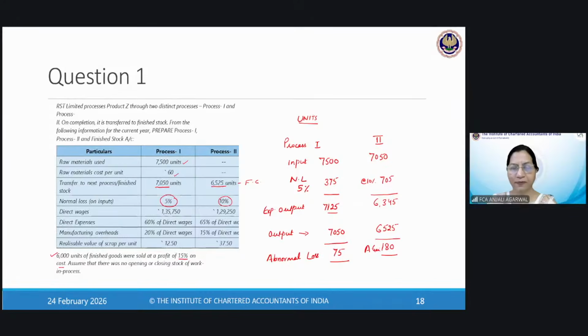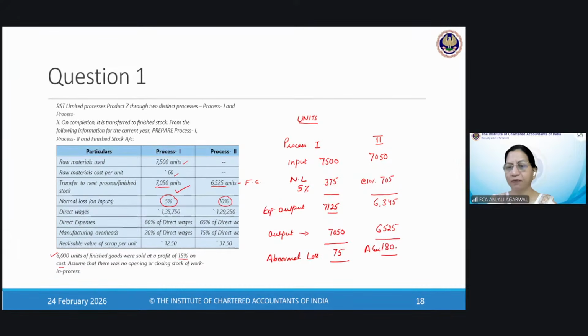Is it clear so far? We will not say that the output of 7,125 moved to process 2. Whatever is given, how many units transfer to process 2? 7,050. So that will become the input for process 2, out of which 10% loss, 705, is lost. So 6,345 units should be the output, whereas 6,525 units moved from process 2 to the finished goods. So where did we get these extra units?